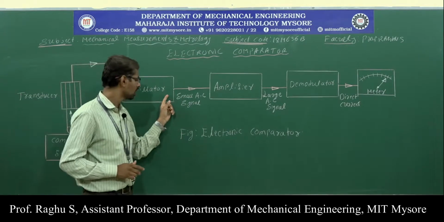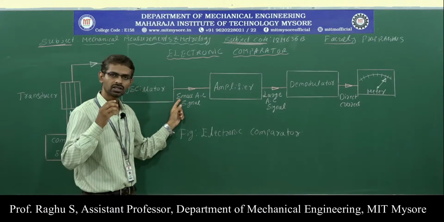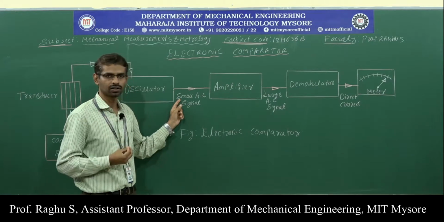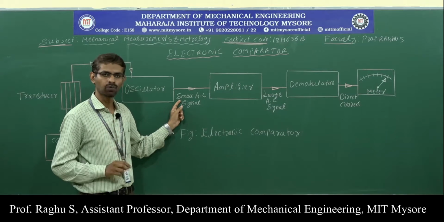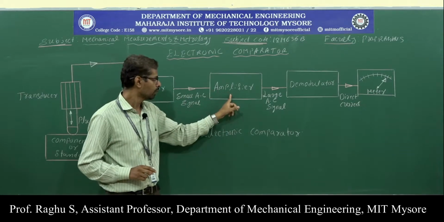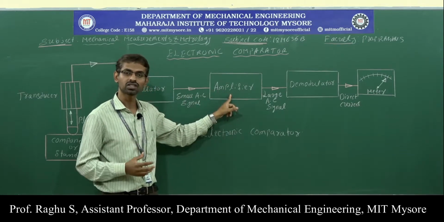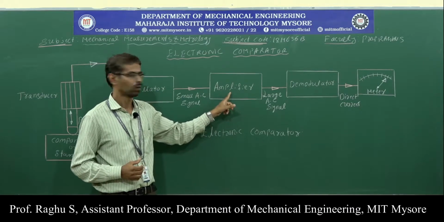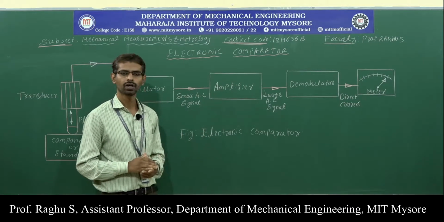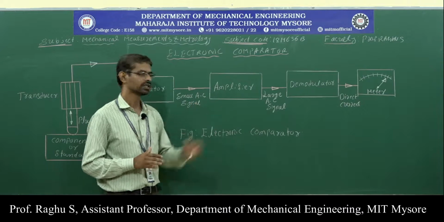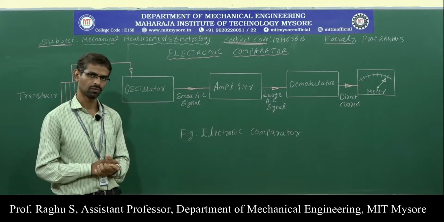This signal has small strength and needs to be amplified, and hence the amplifier is used to increase the strength of the signal. The amplifier converts a small AC signal into a large AC signal.